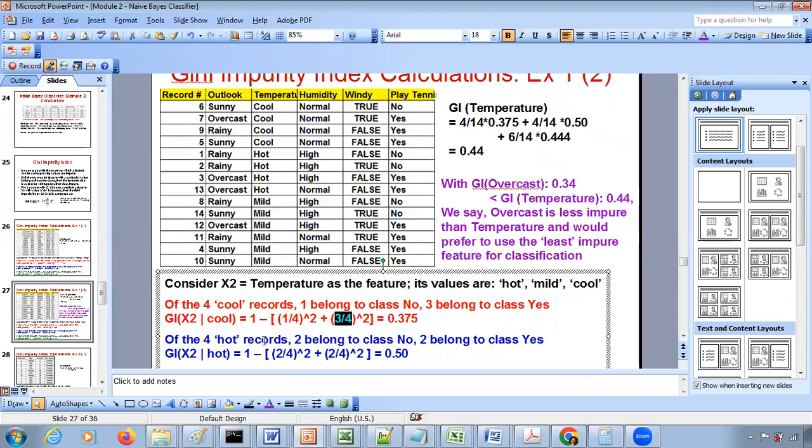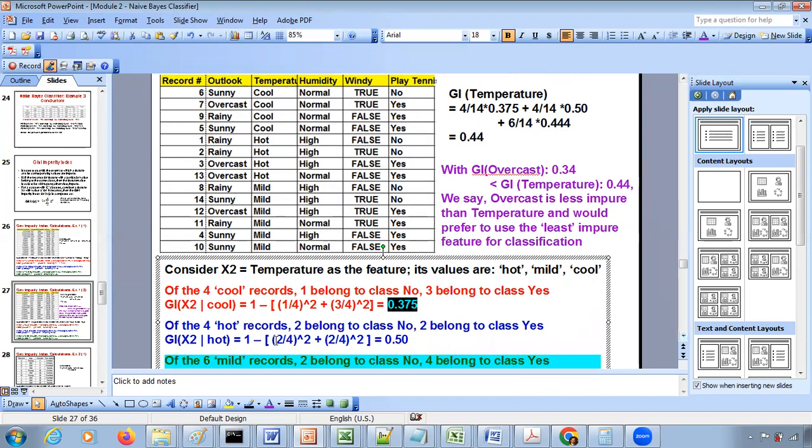And 1 minus that whole thing will be 0.375. And there are 4 hot records, 2 belong to no and 2 belong to yes. So that will be 1 minus 2 over 4 for no, squared, plus 2 over 4 for yes, squared, and the math will give you 0.5.